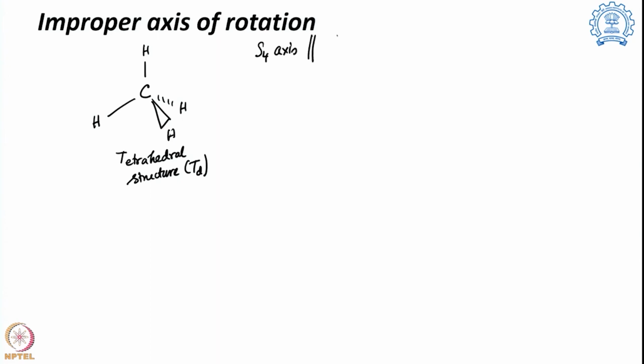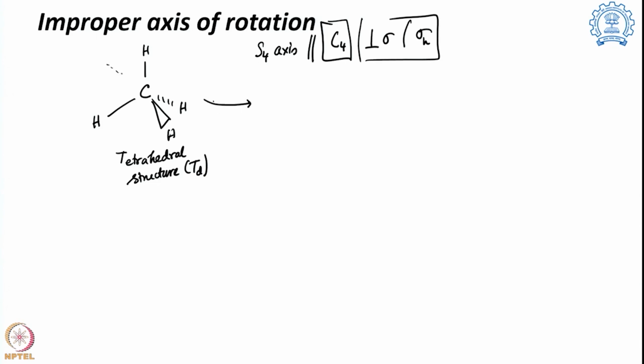That means I have to first find a C4 axis and a perpendicular plane, which is nothing but a sigma h plane, and if I do these two operations together I should get a similar looking molecule. We are going to do that operation and try to find out whether we achieve a superimposable and indistinguishable structure or not. To do that, I am drawing this molecule in a slightly different orientation.